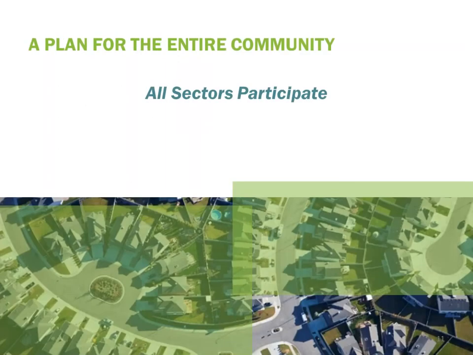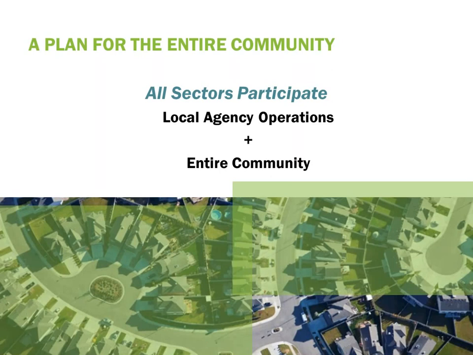Now, there is no single formula or answer to what a sustainability plan is. It's a plan for the entire community, all sectors. This includes local agency operations such as the planning department, building division, code enforcement, public works. It also includes the entire community. This includes the residential community, the business community, the industrial community, as well as the healthcare community.